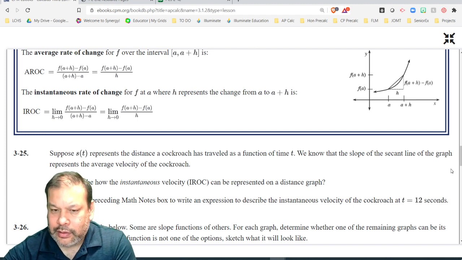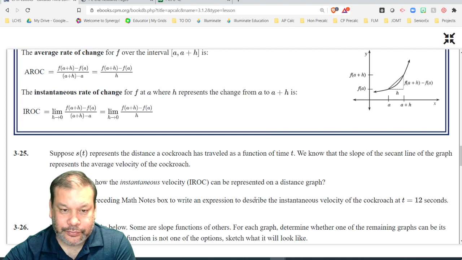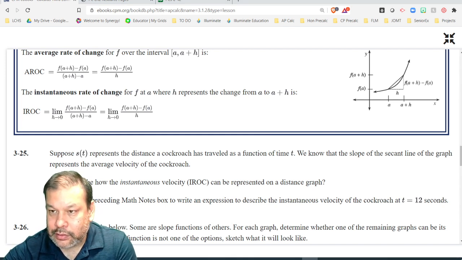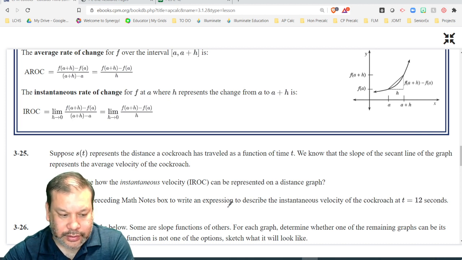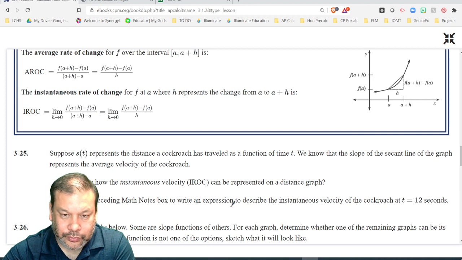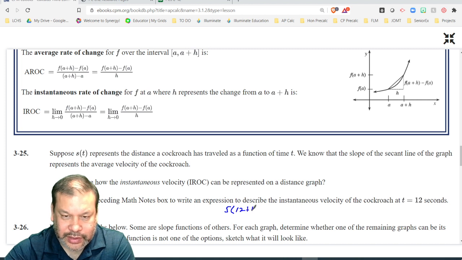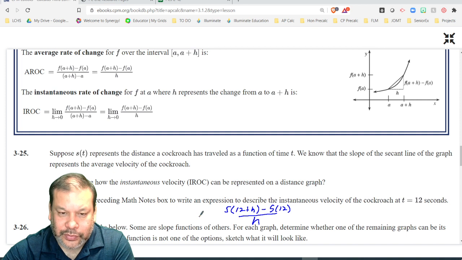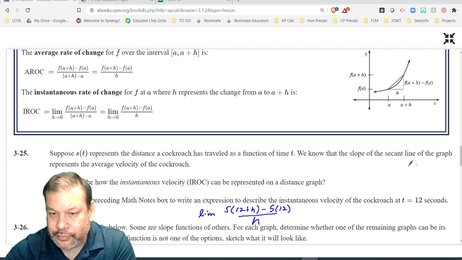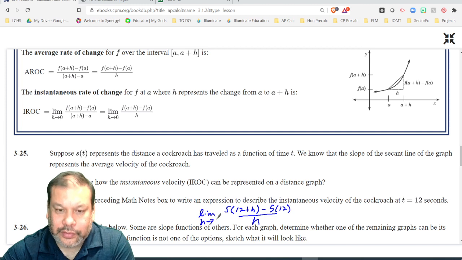So we're taking the instantaneous velocity at the 12th second, so f of 12 plus h minus f of 12, divided by the change h, and of course the limit as h goes to 0.